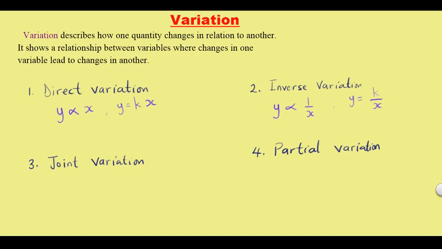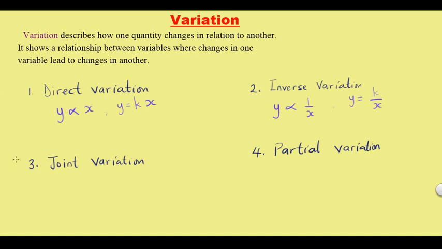Now for the third one, which is the joint variation. This occurs when a variable varies directly with the product of two or more variables. That is, there is a connection between one variable and two or more other variables.